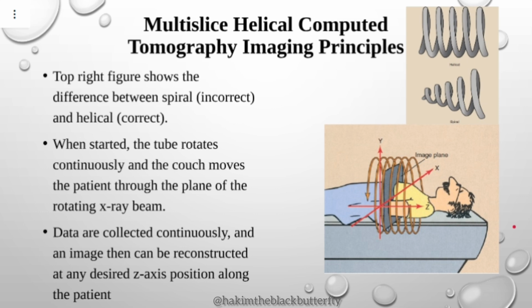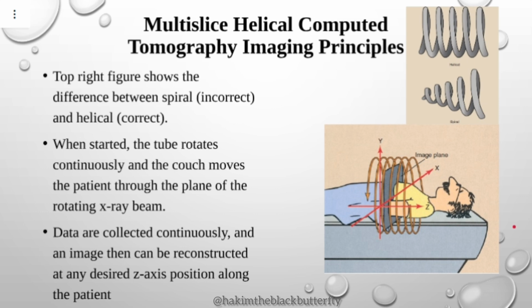Or the rotation can be in beats, whereby the X-ray tube and the detector rotate around the patient 360 degrees, stop, and then the patient moves a bit, stops, then the tube and the detector move again 360 degrees, stop, then the patient moves.